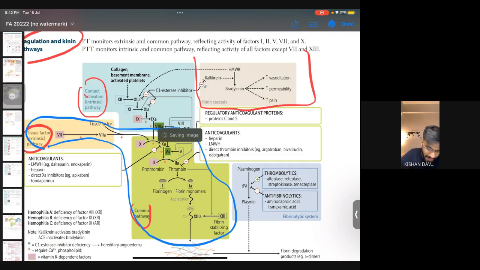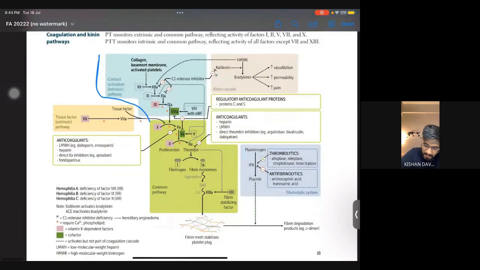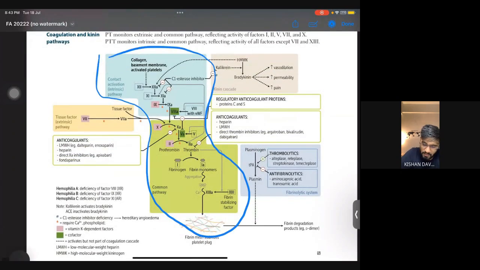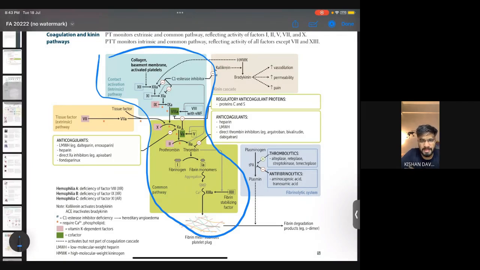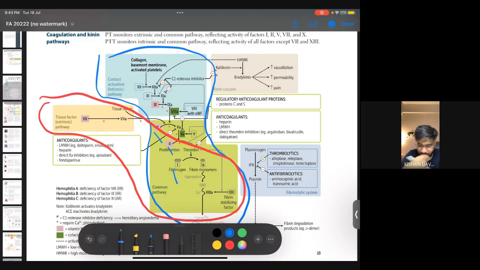But if they ask you what is there in the intrinsic pathway, then you will be focusing on this part. Factors 12, 11, 9, and 10, everything will be under intrinsic, and here everything will be under extrinsic. Okay, this is the extrinsic pathway and this is the intrinsic pathway.